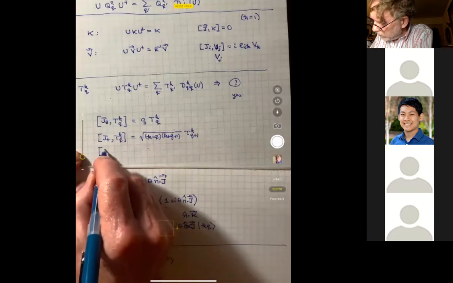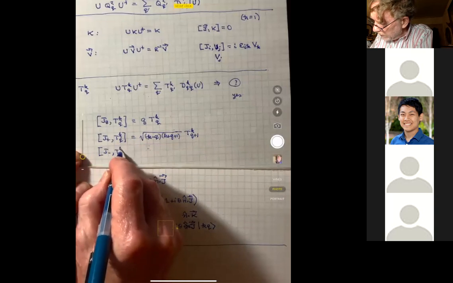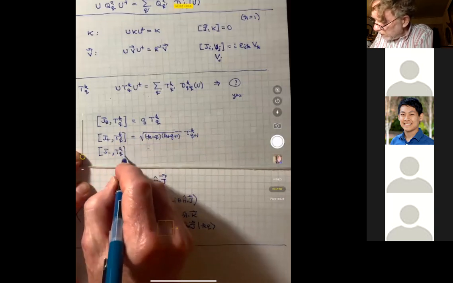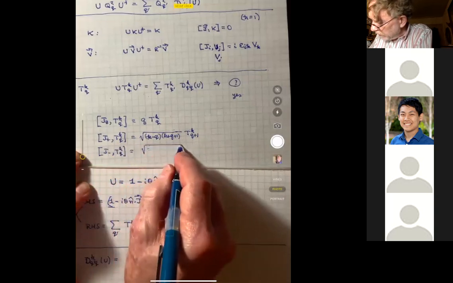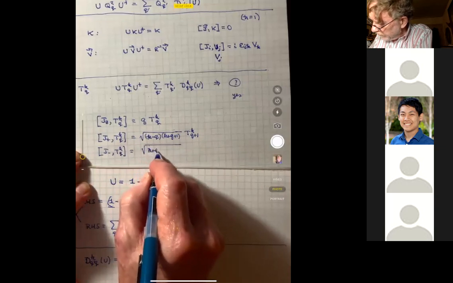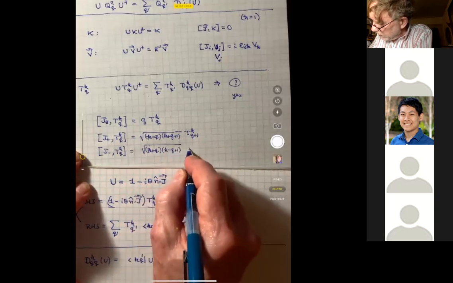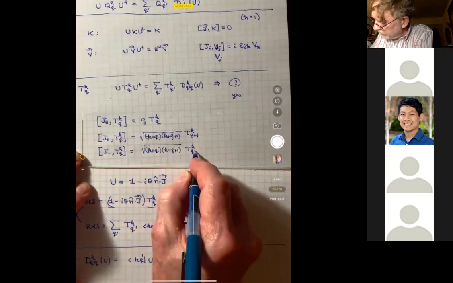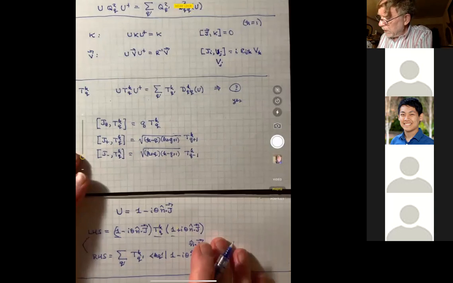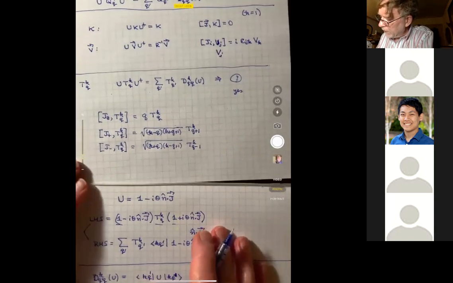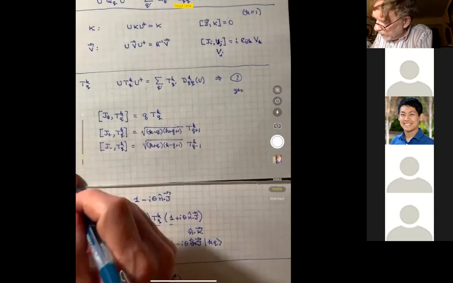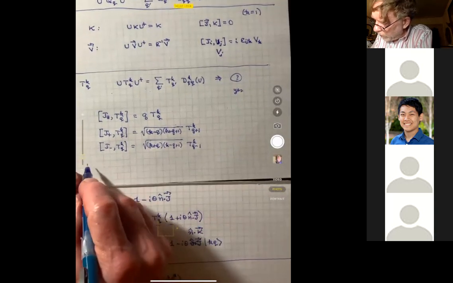Likewise with J minus, what you'll find is you get J minus commutator TKQ is equal to the square root of K plus Q times K minus Q plus 1 times TK, Q minus 1. And there's yet a similar form, another formula that I won't derive. The derivation is in the notes, but it's of a related form.